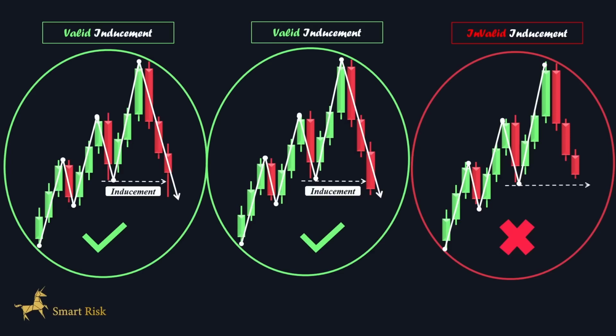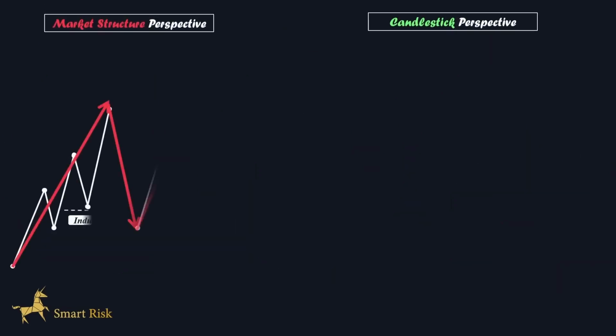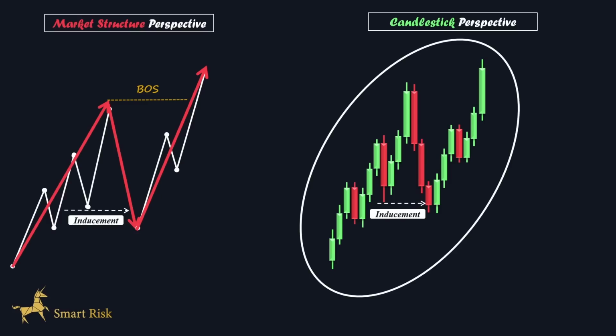Now, let's understand the importance of considering inducement in our trading strategy, and why it's crucial to identify and highlight inducement areas on our price charts. To illustrate this concept, let's suppose we have bullish structures like these that simulate price movement.